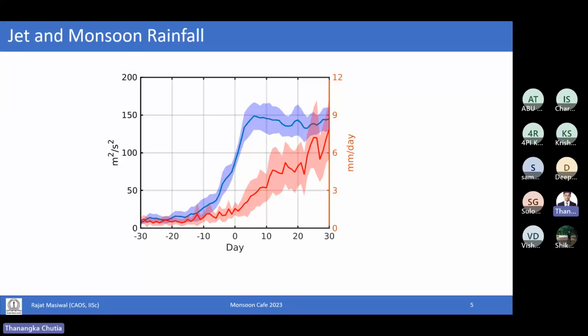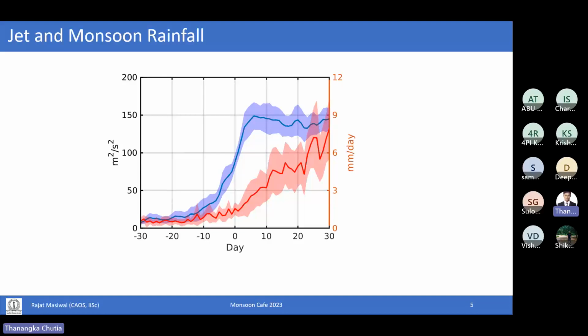And this moisture flux is modulated by the jet. So on that seasonal mean time scale, there is a very strong relationship between the jet and the summer monsoon rainfall.